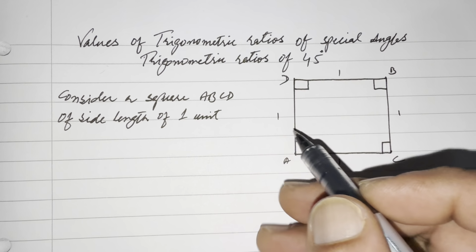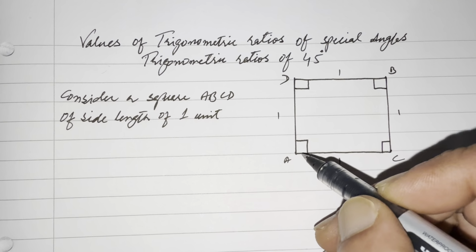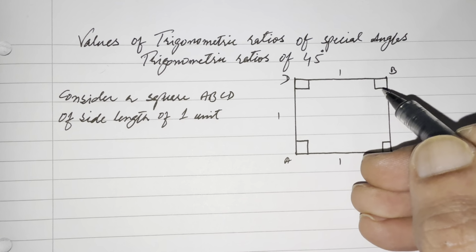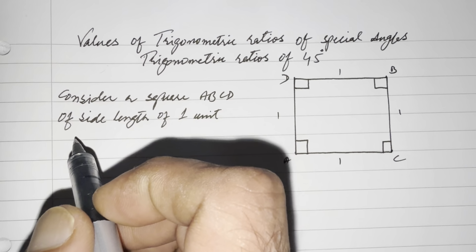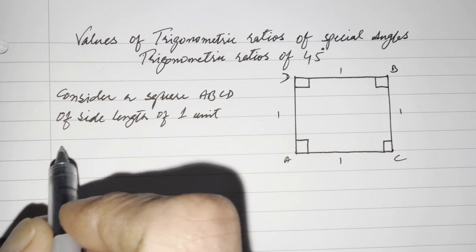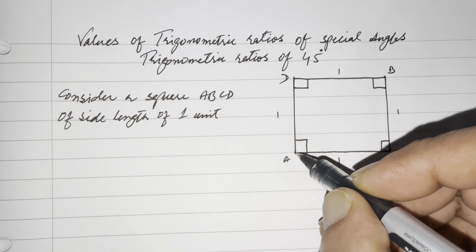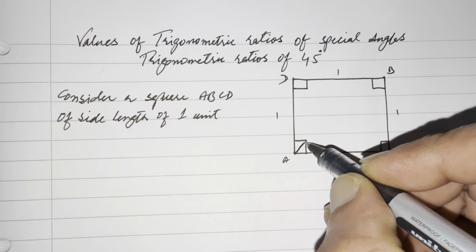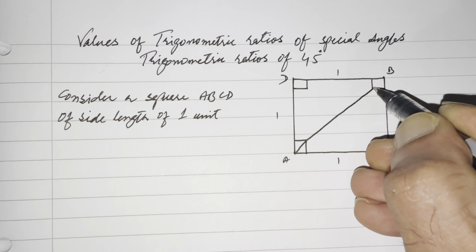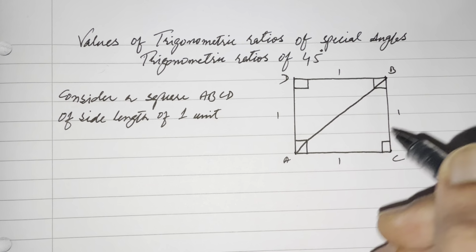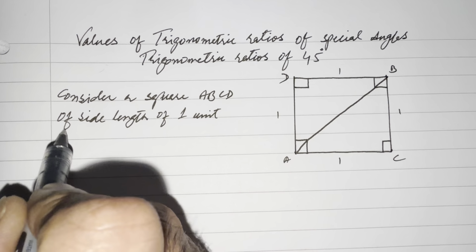So we know that if we draw a diagonal, then it will become a right angle triangle. The diagonal bisects the angles. If we draw a diagonal from A to B, you can see that this square has become two right angle triangles.